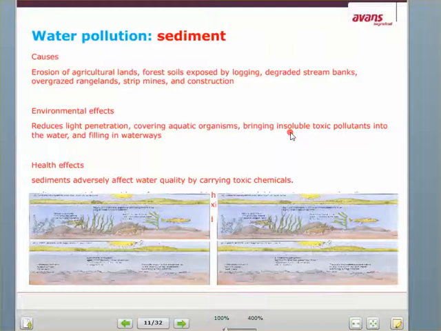These include erosion, forests being degraded, and the runoff going into the water. Environmental effects include lower light penetration. Therefore, aquatic organisms like plants do not receive sunlight and therefore cannot put oxygen into the water, which means that there's less oxygen for the fishes.